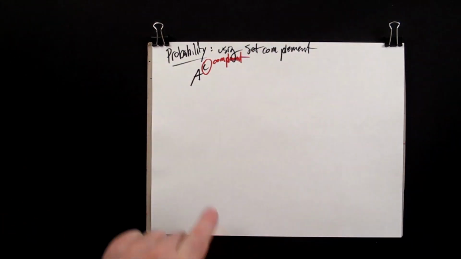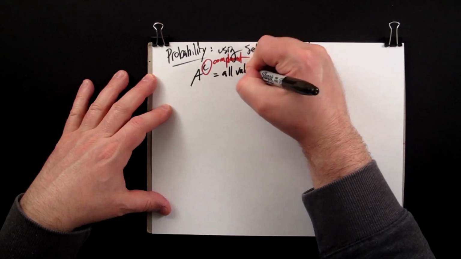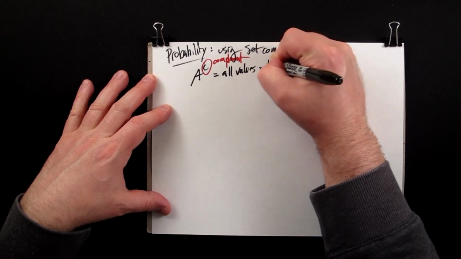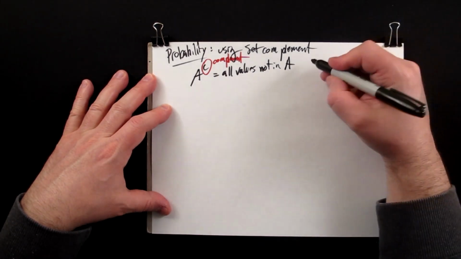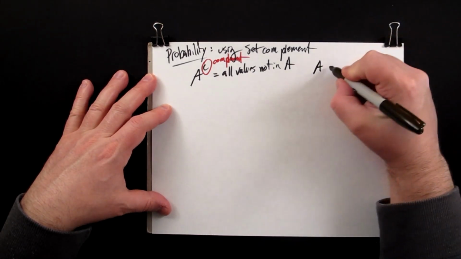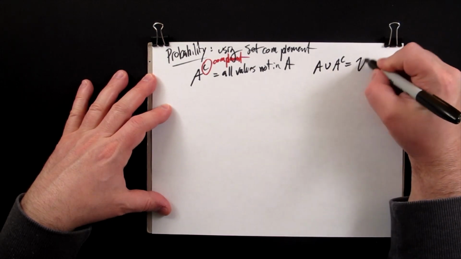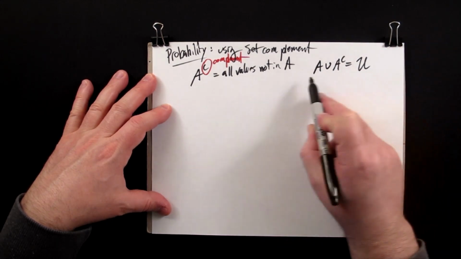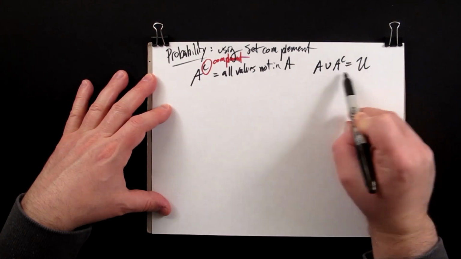This is just all values not in A. So if you take the union of the set with its complement, you get the entire universe. You get all possible outcomes here. So the union of the set with its complement gives you all possible outcomes.